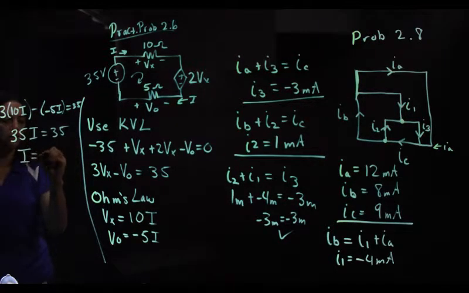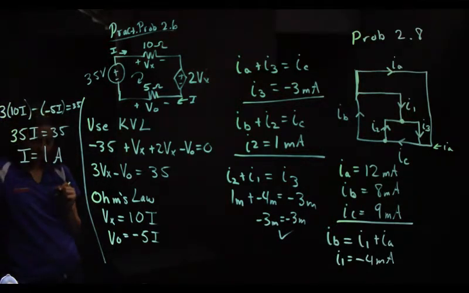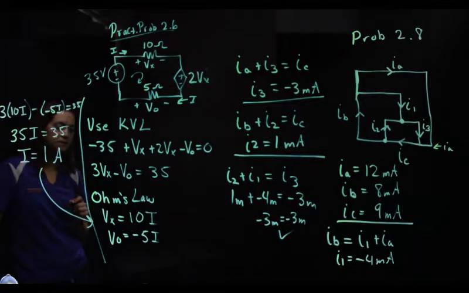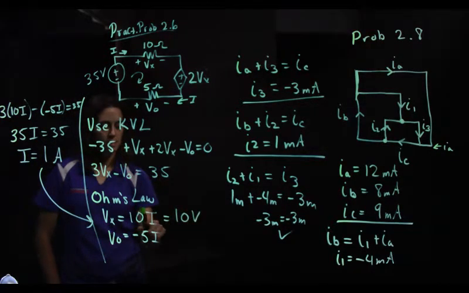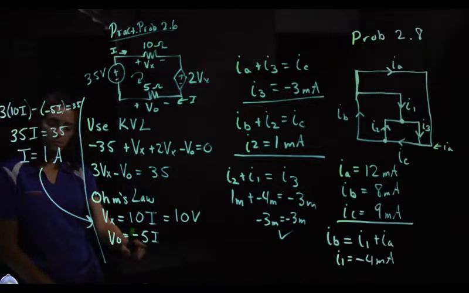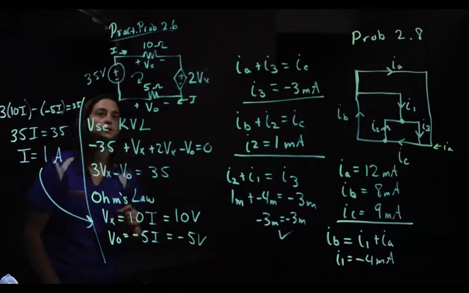Just doing some algebra, we have I equals 1 amp. Now that I know I, I can use that here and find Vx and VO. So Vx is equal to 10 times 1, 10 volts. VO is equal to minus 5 times 1, or minus 5 volts.